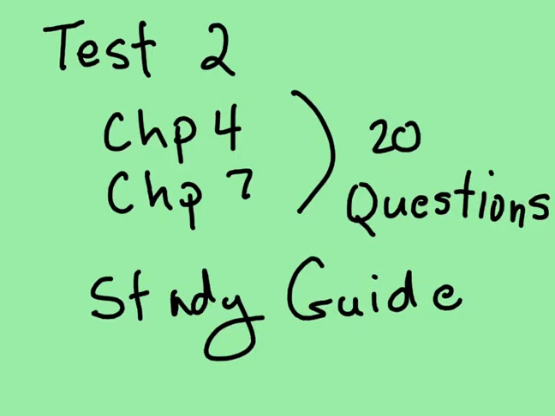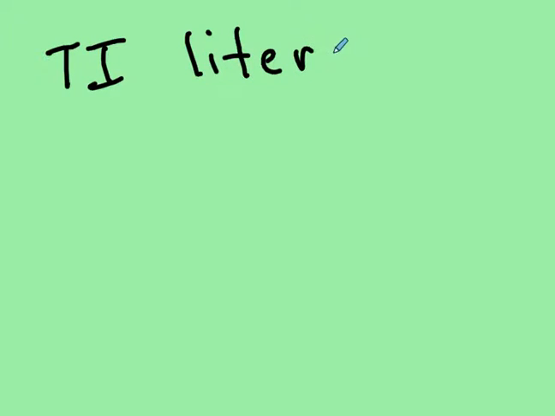Now, just a couple things that I want to make you aware of that might help you score better on the test: you want to be TI literate. You want to be using your TI calculator to do a number of things, to find the correlation coefficient, R. Yes, you need to be using it for that.